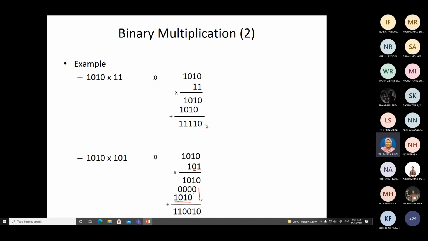Here, sum all the results: 0, and then 1, and then 0 again, and then 1 plus 1 is 2, so 0 carry forward 1, so 1 and then 1 again. This is the result of the multiplication. Easy, right? Because binary only consists of either 0 or 1.